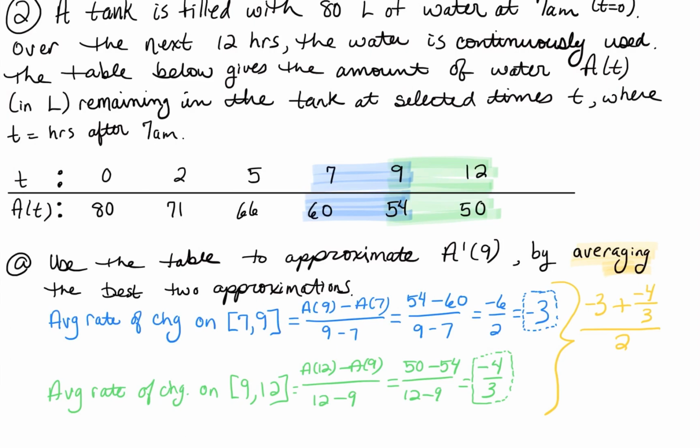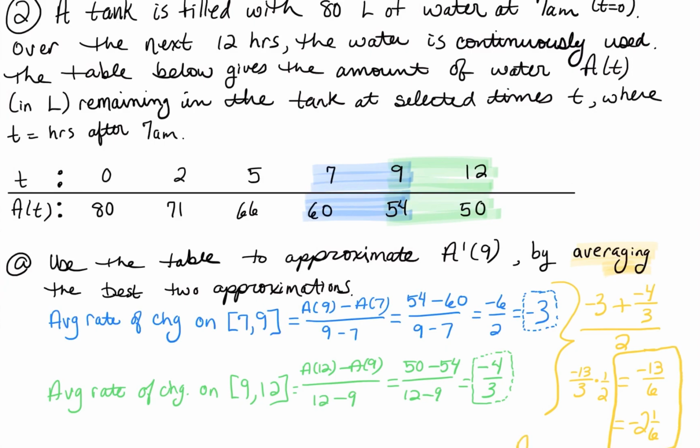Negative 3 over 1 multiplied by 3 over 3 is negative 9 thirds. Plus negative 4 thirds would be negative 13 thirds. Dividing by 2 is like multiplying by 1/2, and so we get negative 13 sixths, or of course that is negative 2 1/6. So this is our final answer. That's our approximation.